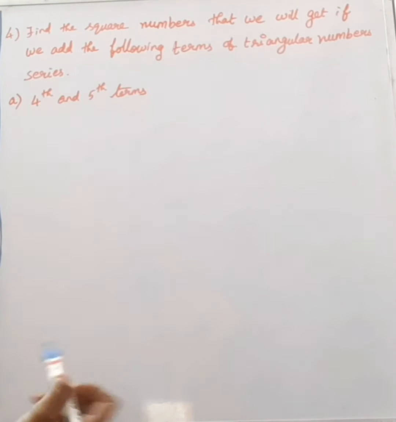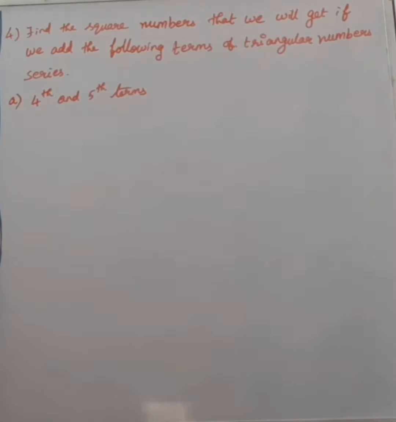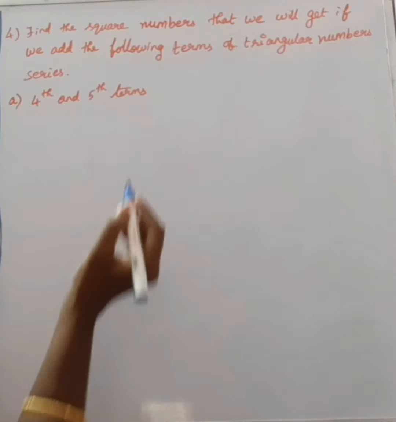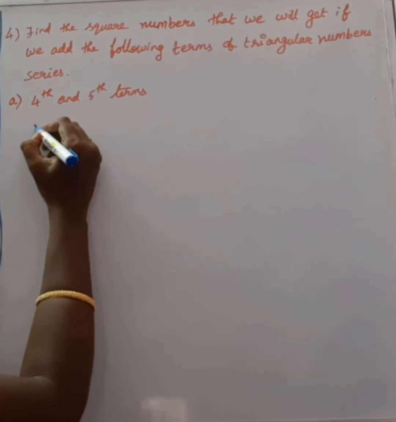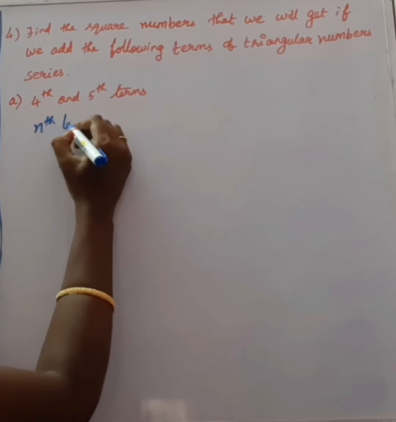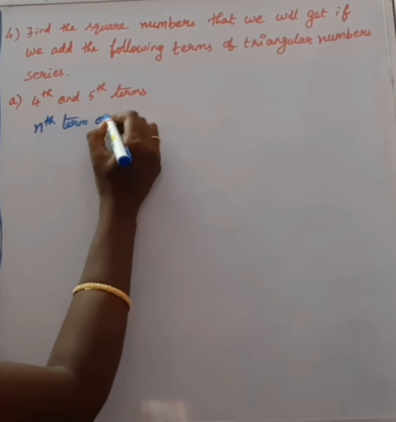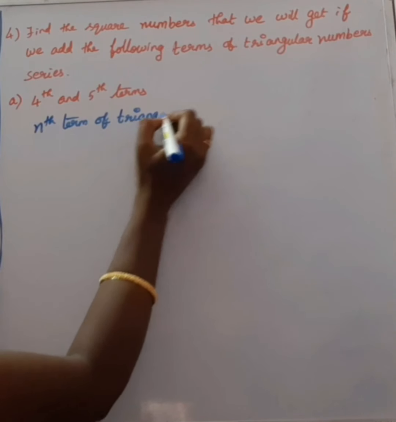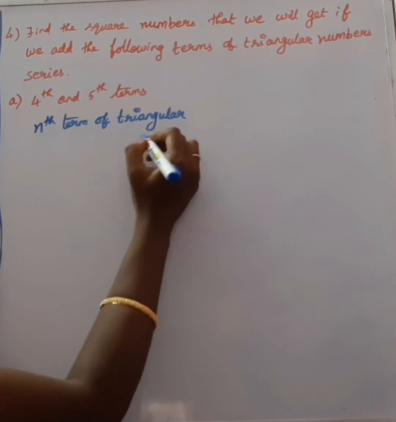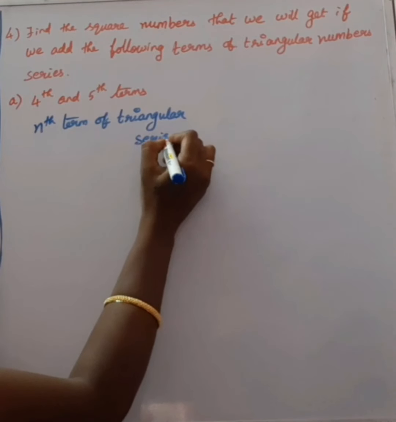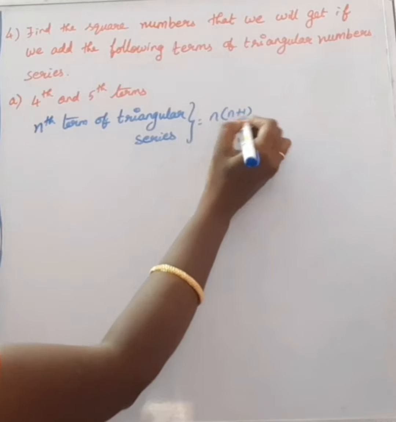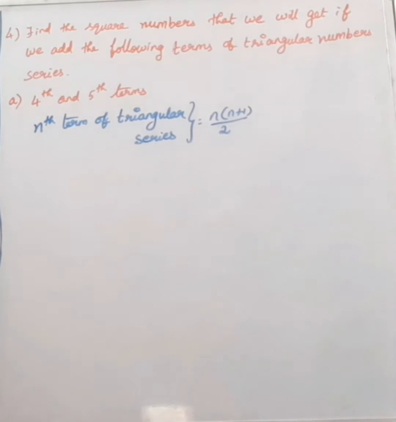Very good. So, here they gave 4 and 5. First we want to write the nth term of triangular series. So nth term of triangular series is equal to n into n plus 1 by 2.